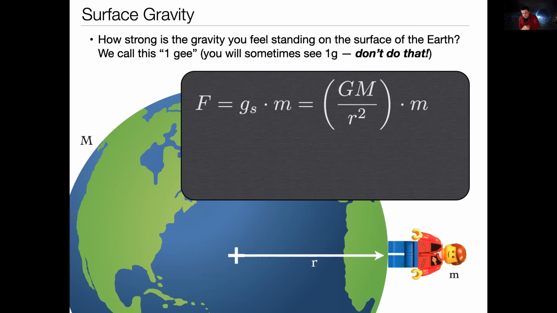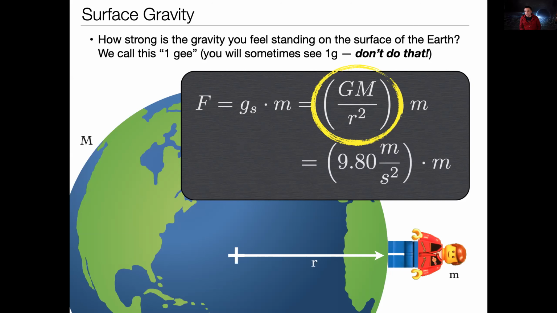So if I put in the value for G, 6.67 times 10 to the minus 11, I multiply it by the mass of the Earth, 5.97 times 10 to the 24 kilograms, and I divide it by the radius of the Earth squared, 6.3 times 10 to the 6 meters squared, then I will get the surface gravity of the Earth.